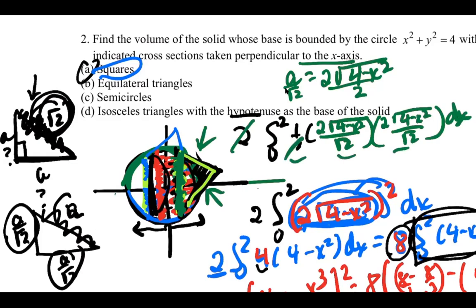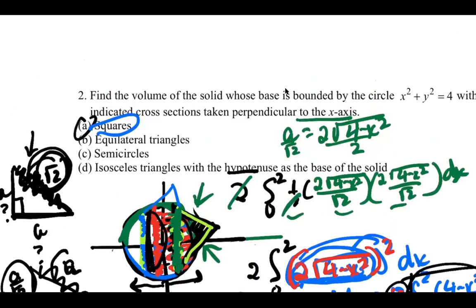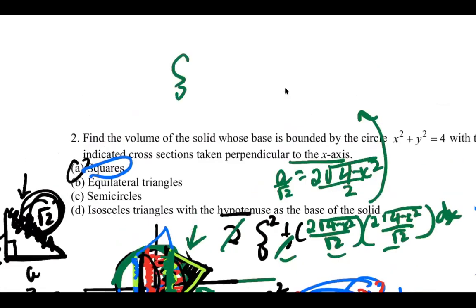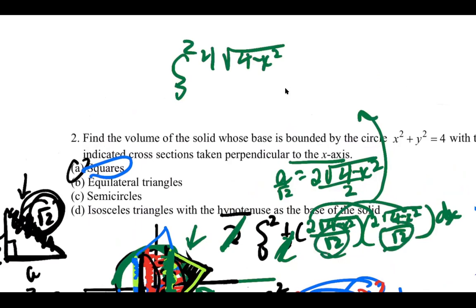Okay, and let's remember, let's carry it up here. It's the integral from 0 to 2. I did double it, but it canceled out with a 1/2. This 2 times 2 is 4. This is the square root of 4 minus x squared, and square root of 2 times square root of 2 is 2, dx.